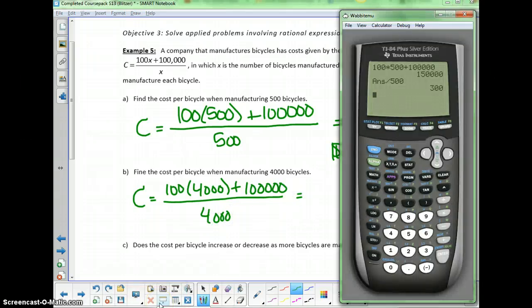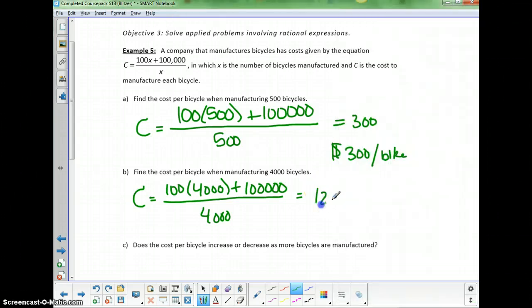Do you expect that it's going to be larger or smaller when I plug in the bigger number? 100 times 4,000 plus 100,000 divided by 4,000 is 125. So it's going to cost them $125 per bike if they make 4,000 bikes.